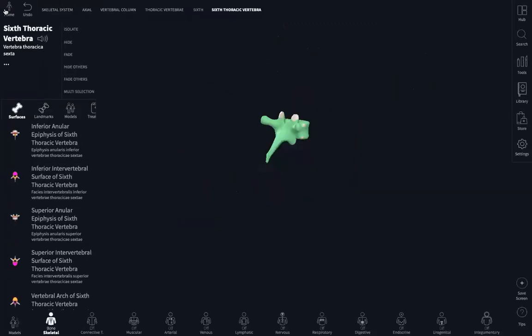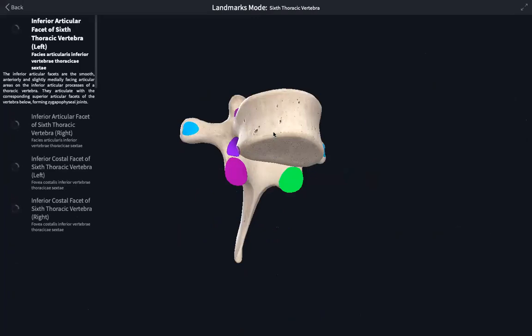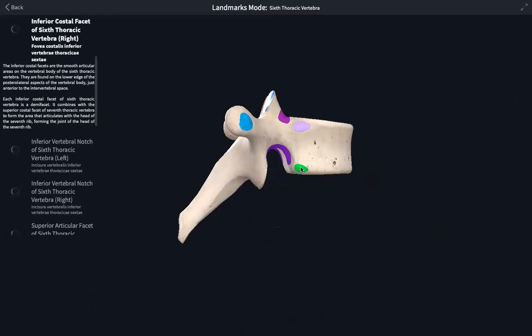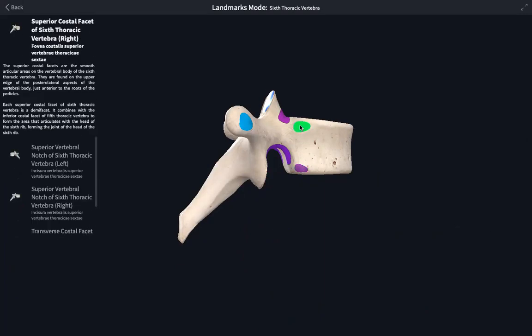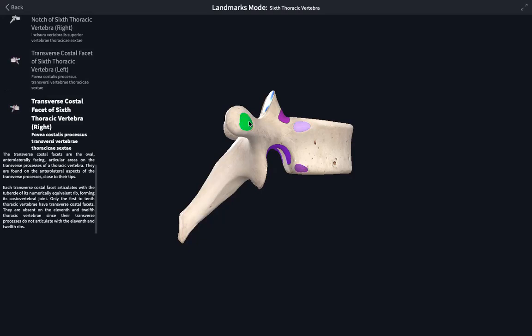The one highlighted in green now is a facet for the sixth rib basically. It is a facet for the rib joint here. Now this also is a facet. So 1 and 2, there are two facets. Facet means the area where it joins.